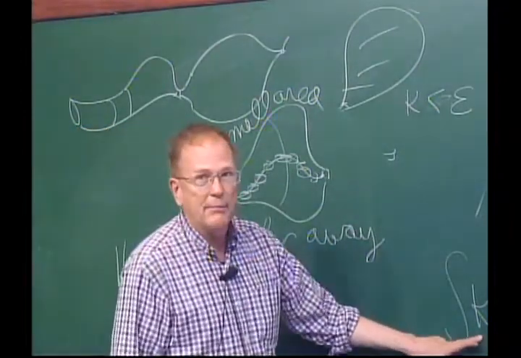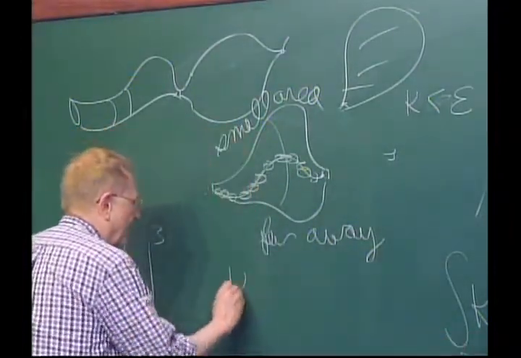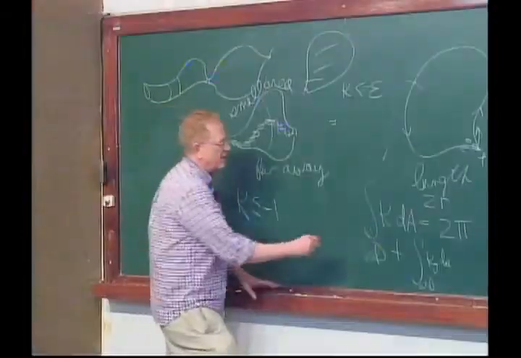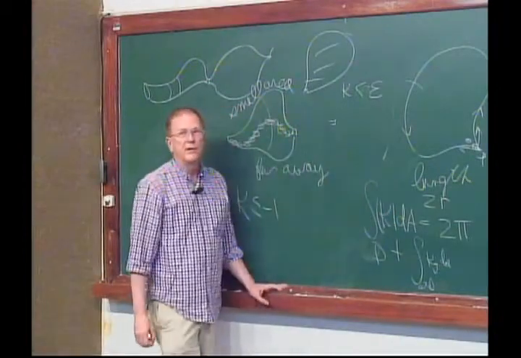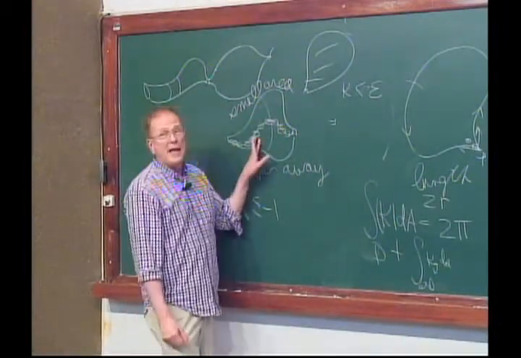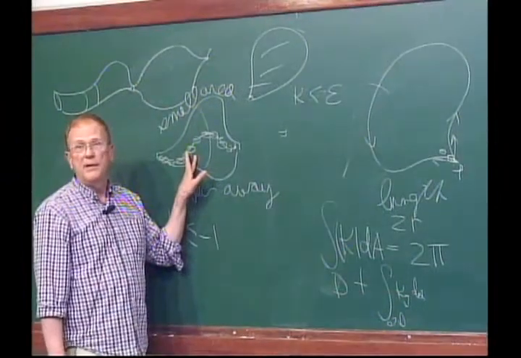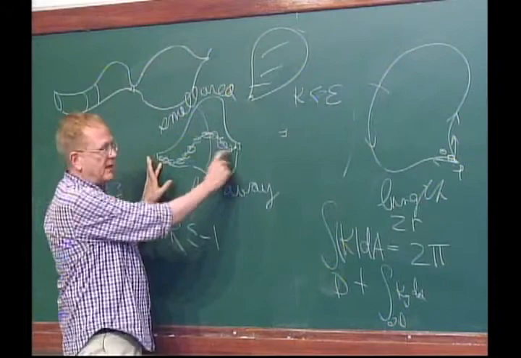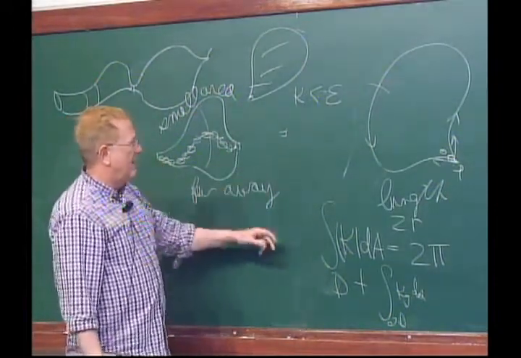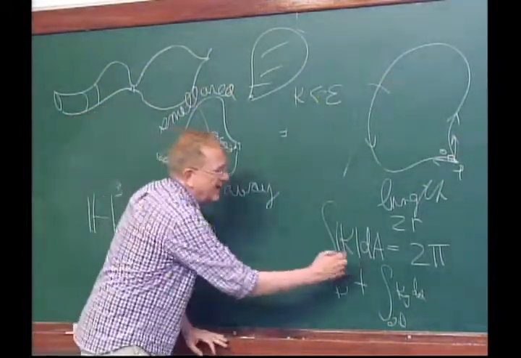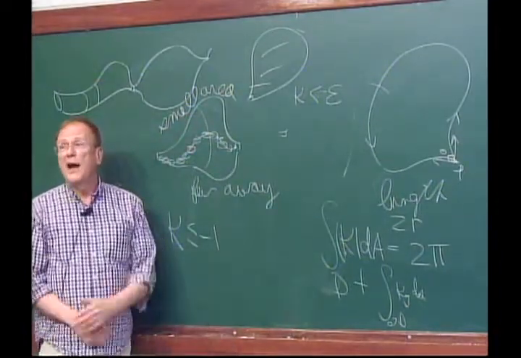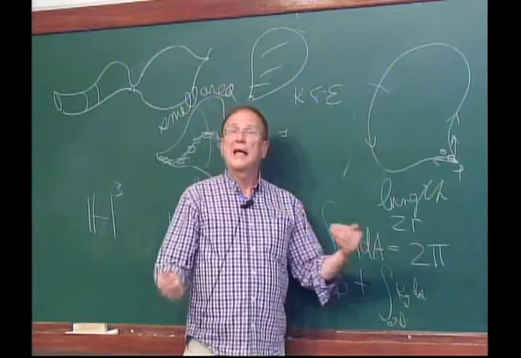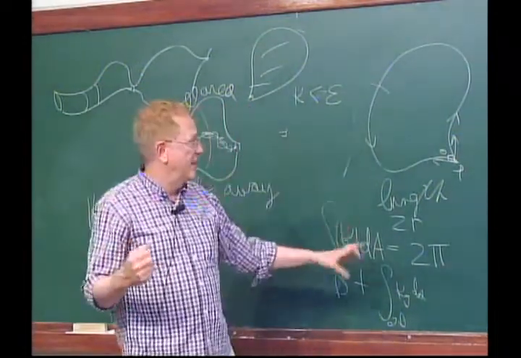But it can't by the Gauss-Bonnet formula, because the Gaussian curvature is less than or equal to -1, right? So when you integrate the absolute Gaussian curvature on this domain, you get some finite, bounded number. It depends on the geodesic curvature of the boundary here. But the Gaussian curvature is bigger in absolute value than 1. So the area can't be any bigger than some fixed number like 2 pi.